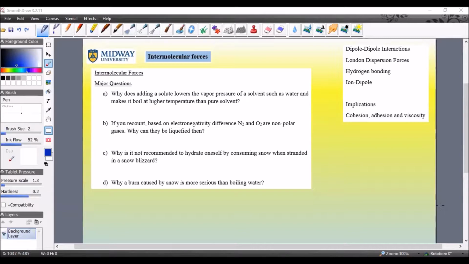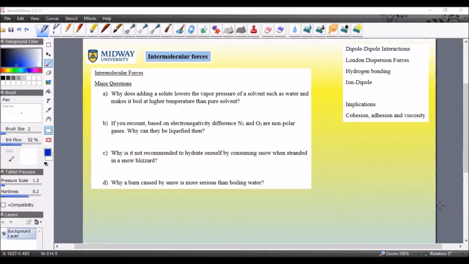If you remember, when I talked about colligative properties, I said that when you add a solute to a solvent, its vapor pressure is lowered, which means it's going to take a lot longer for that liquid to boil, right? Compared to pure water, when it doesn't have any solute or any impurities, it boils at 100 degrees, right? So why is that the case? Let's see if we can answer that through this topic here.